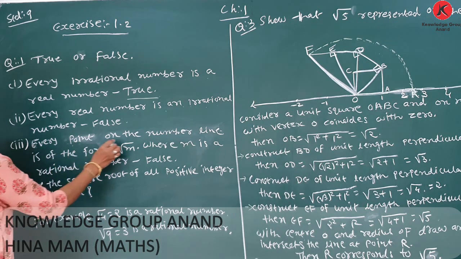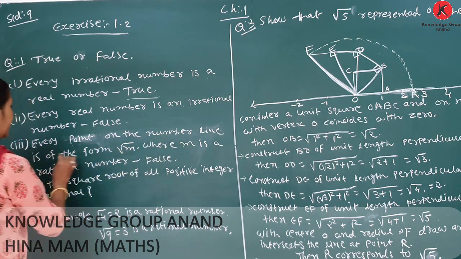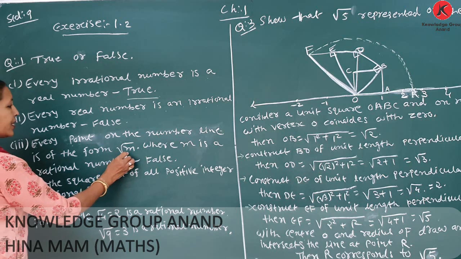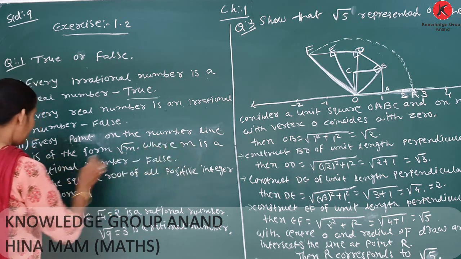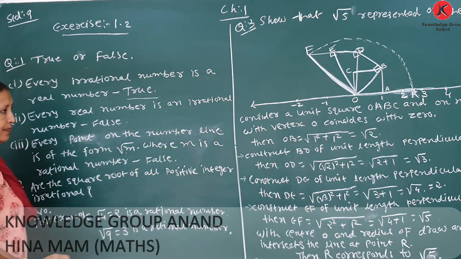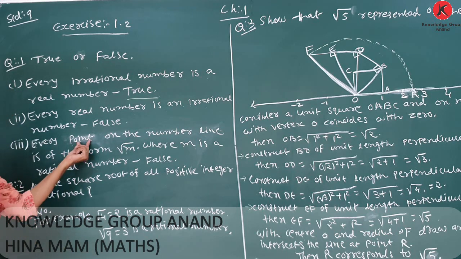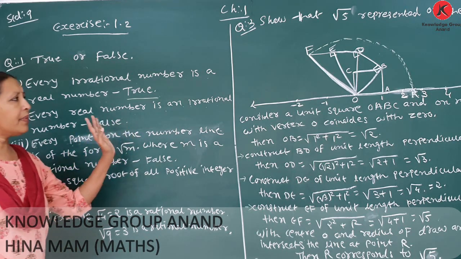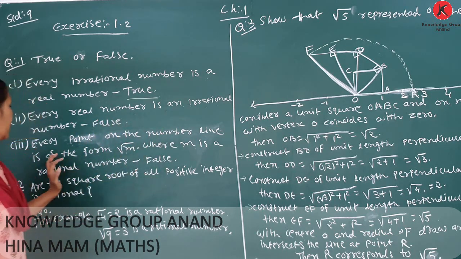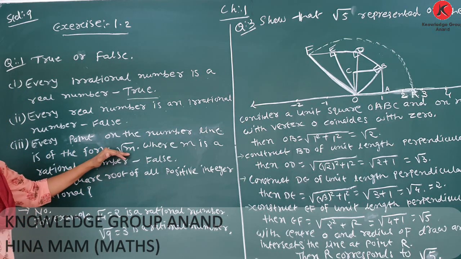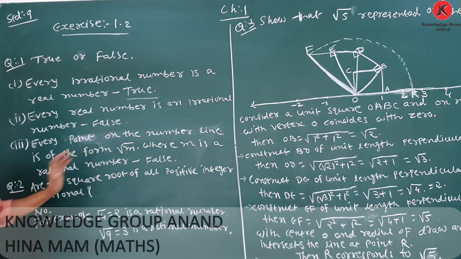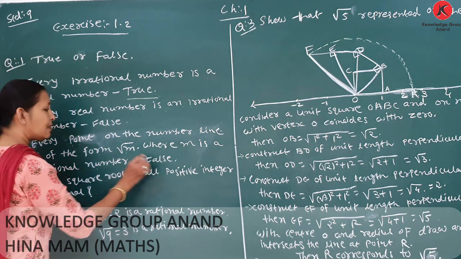Every point on the number line is of the form root m, where m is a rational number. Suppose the statement is false.